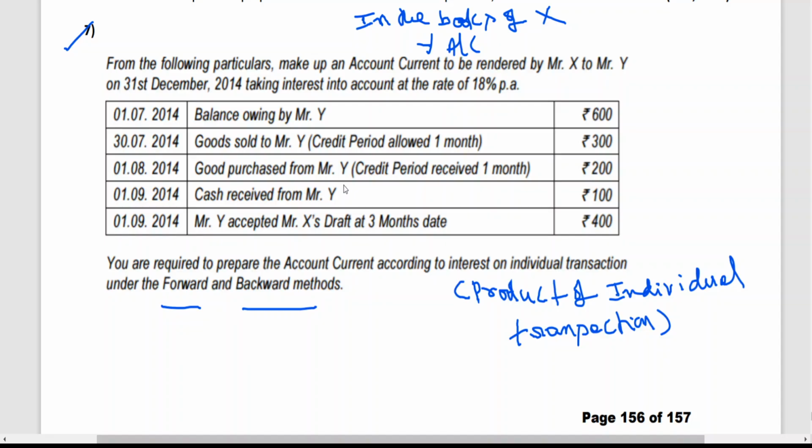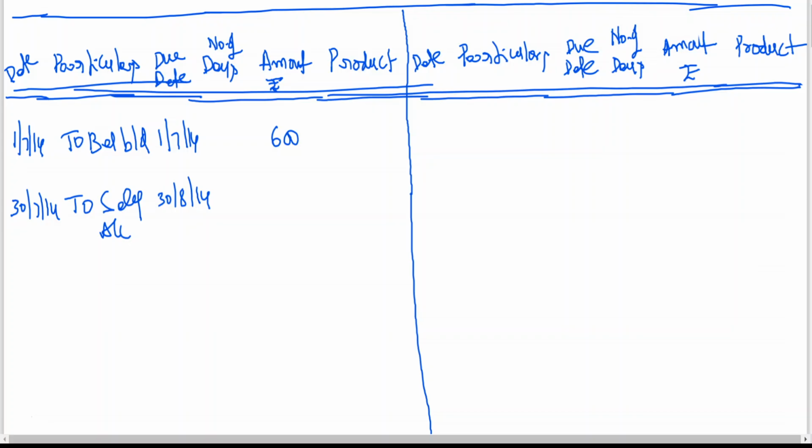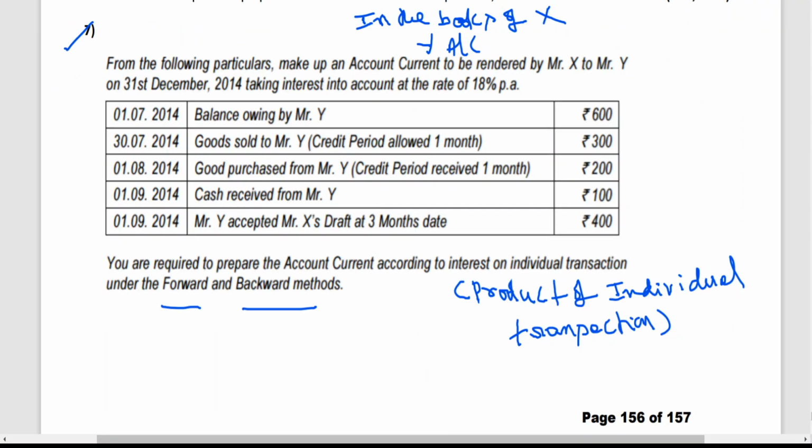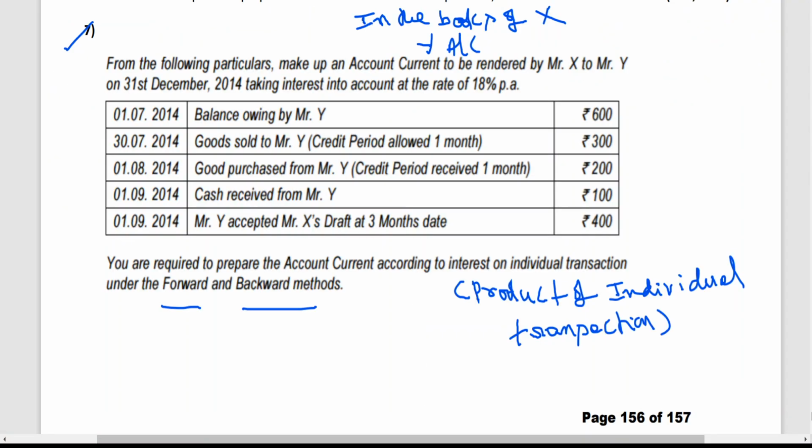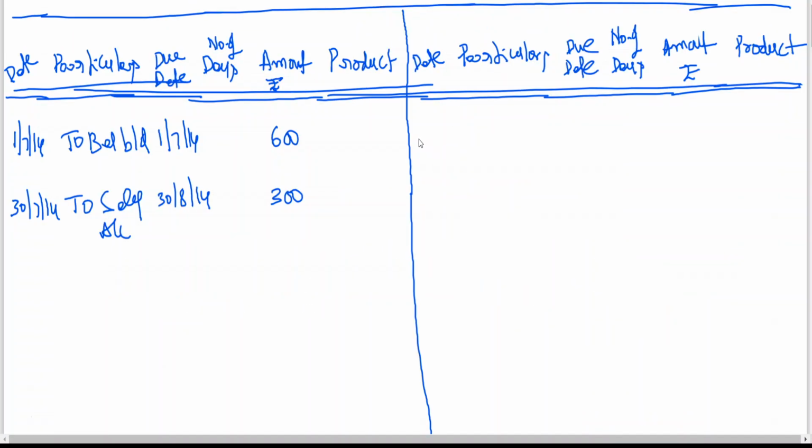Then we got the next transaction. Goods purchased from Y. So entry purchase account at R to Y. By date, the previous one amount is 300, 1st August, by purchases.